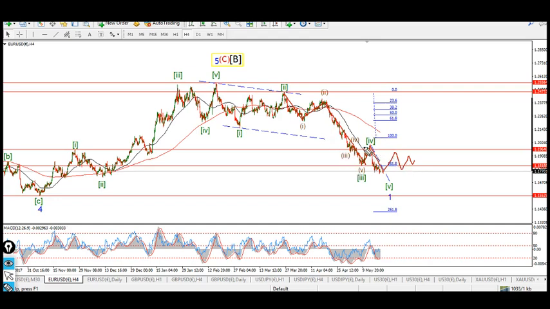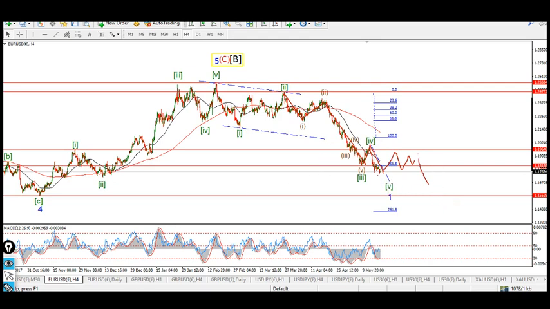So if the price action from here on in over the next few weeks turns corrective and sideways, then I'll probably switch to the alternate count, which would view this recent low here as the low of wave 3, and then we'd get an ongoing wave 4, possible triangle or something, and then a final decline in wave 5 green here.